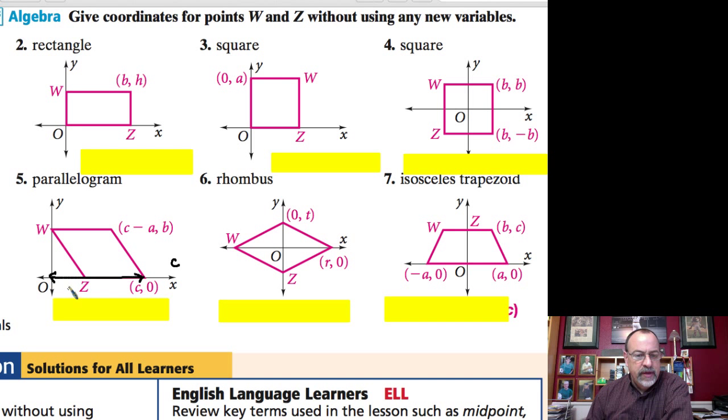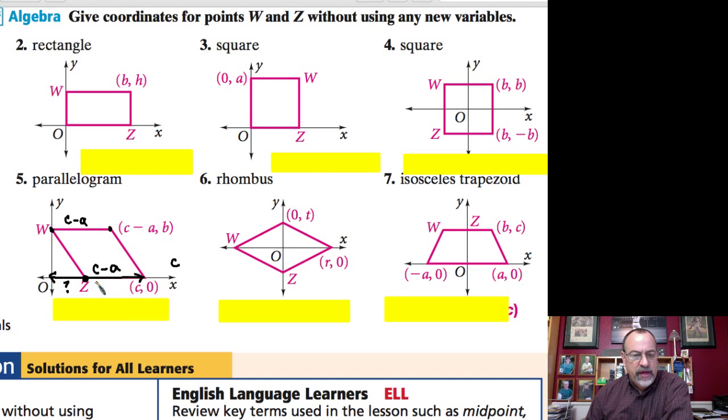In order to figure out z, I need to know what this is, because that's the distance from the origin to here. Well, the length of this side from here to here is the x value of this coordinate, so this is c minus a. So because opposite sides in a parallelogram are equal, that means this is c minus a as well.